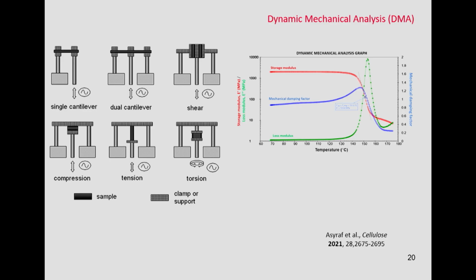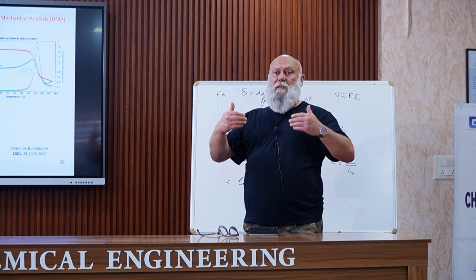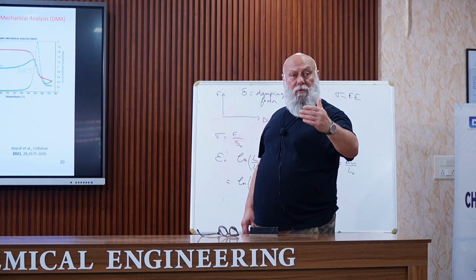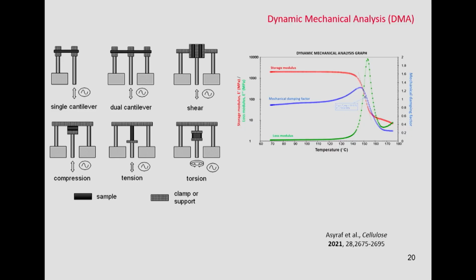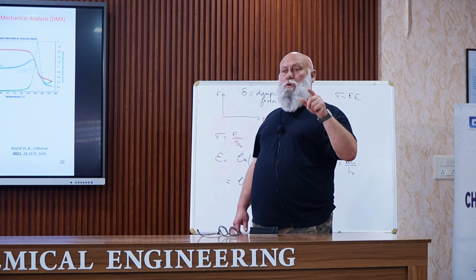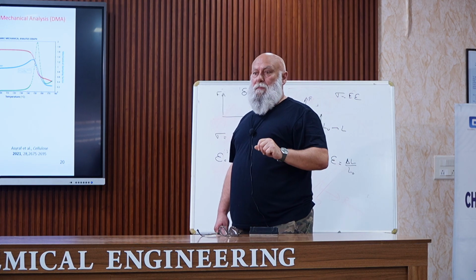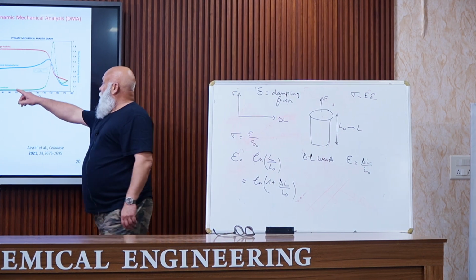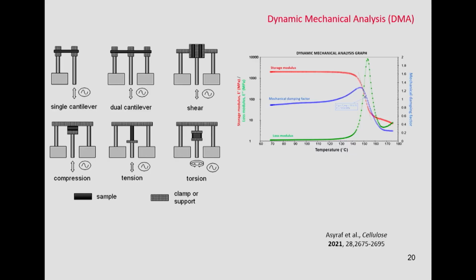And so this loss angle represents the fraction of energy which is lost during the second half cycle compared to the total energy that was provided during the first half cycle. Okay? And the loss modulus has more or less the same evolution as the loss angle.